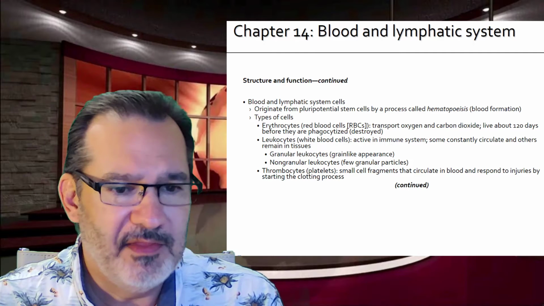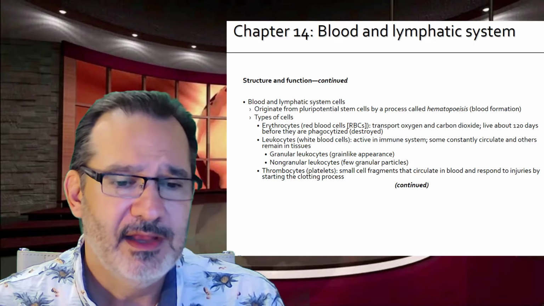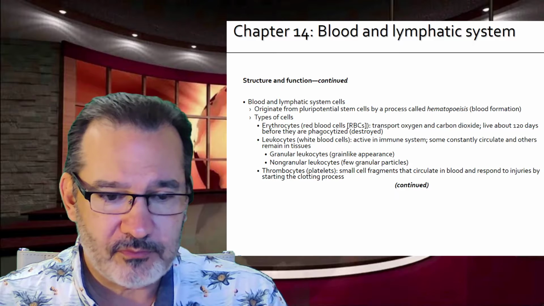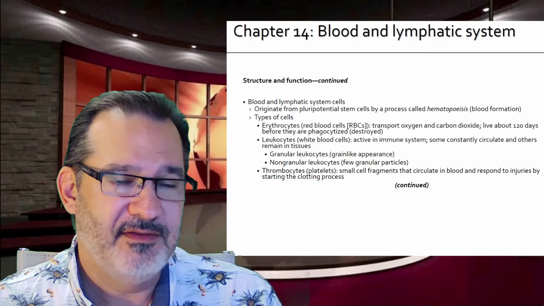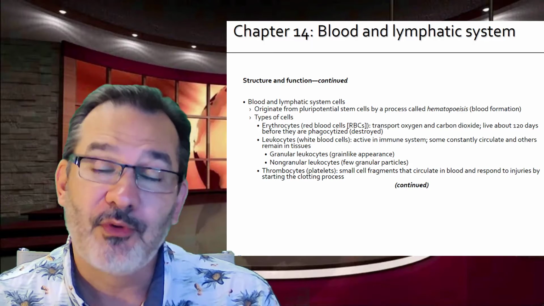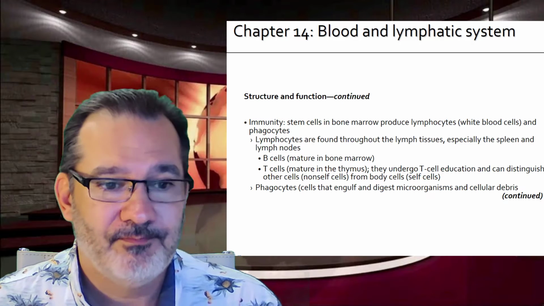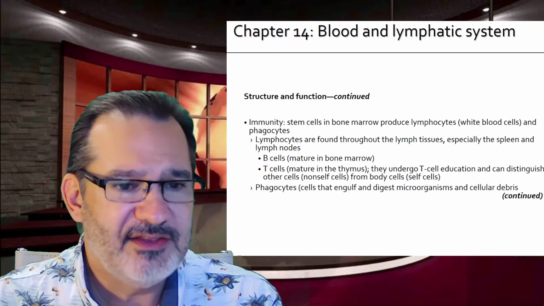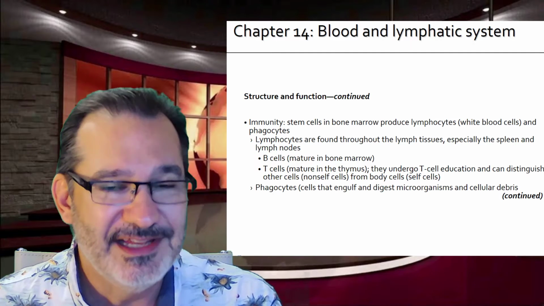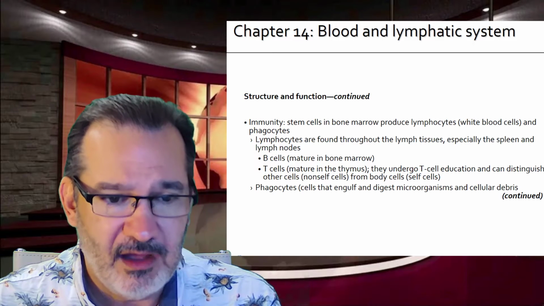And then there are some breakdowns of the leukocytes, the granular and non-granular, and then thrombocytes. Thrombocytes circulate through the blood, and thrombo is referring to a clot. So thrombocytes aid in the clotting process. Immunity. Stem cells in the bone marrow produce lymphocytes, which are white blood cells, and phagocytes.